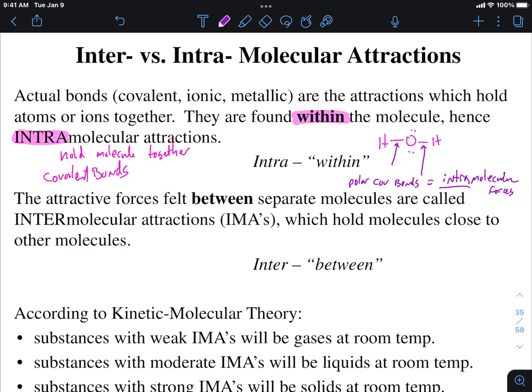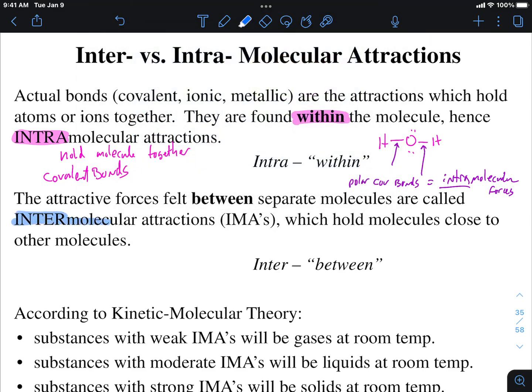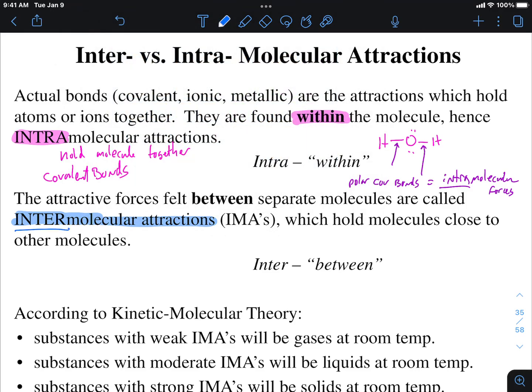So, molecules can attract one another, and when they do, those attractions are what we call intermolecular attractions. Right? So notice the difference in the word. Inter versus intra. These are attractive forces felt between separate molecules.